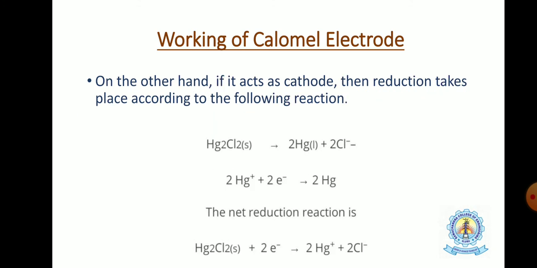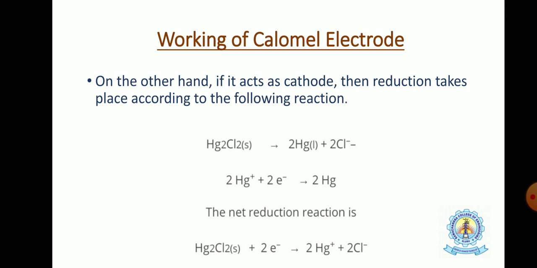Coming to case 2, it acts as cathode and undergoes a reduction reaction as follows. When it is acting as cathode, mercurous chloride undergoes the reaction and releases mercury and chloride ions, where the mercury ions again take up electrons and produce mercury.